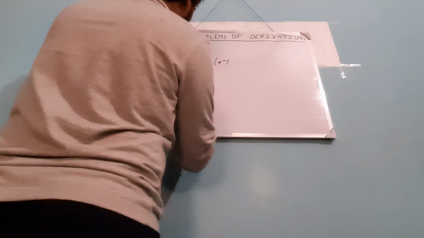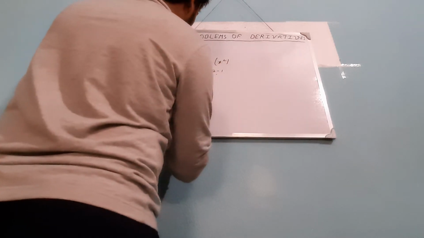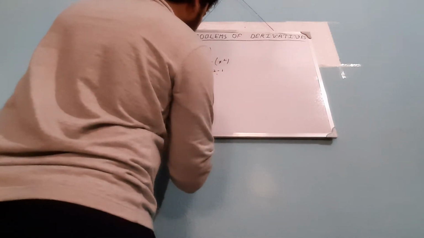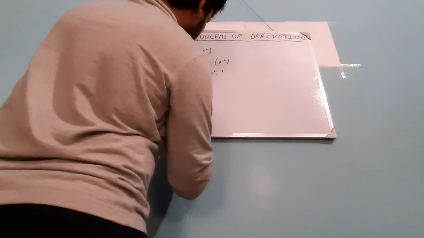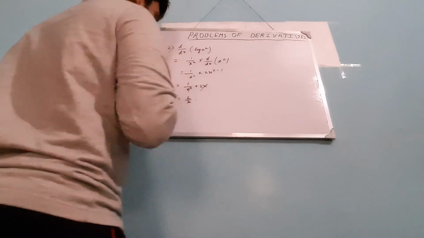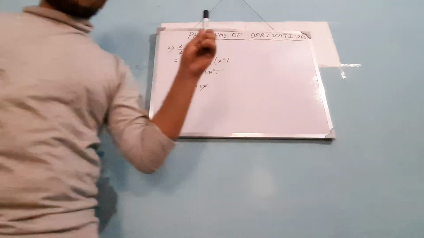So 1 by x square into 2x, x will be cancelled. So 2 by x. You please note that formula. You please note this problem.